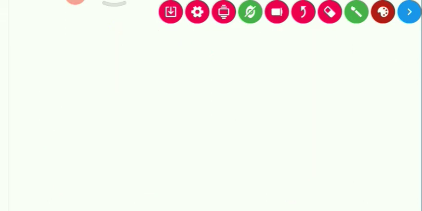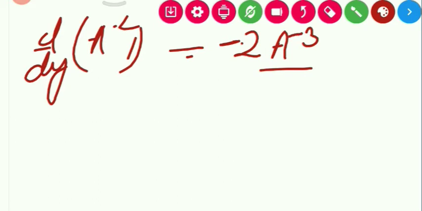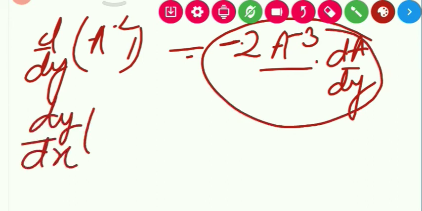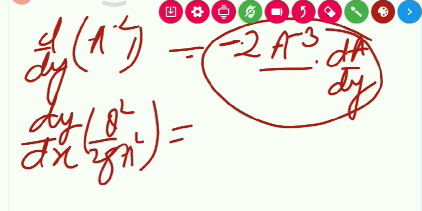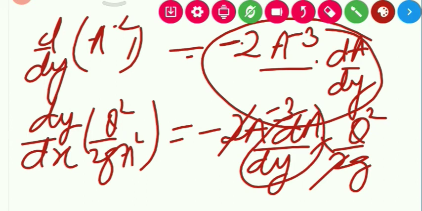Okay, let me write it clearly. Means this comes out to be minus 2 A raised to power minus 3 into dA by dy. Okay, so putting this term in here, we will get minus 2 A to the power minus 3 dA by dy q square by 2g. Okay, so this 2 and this 2 get cancelled, and this dA by dy term, okay, let's write over here.